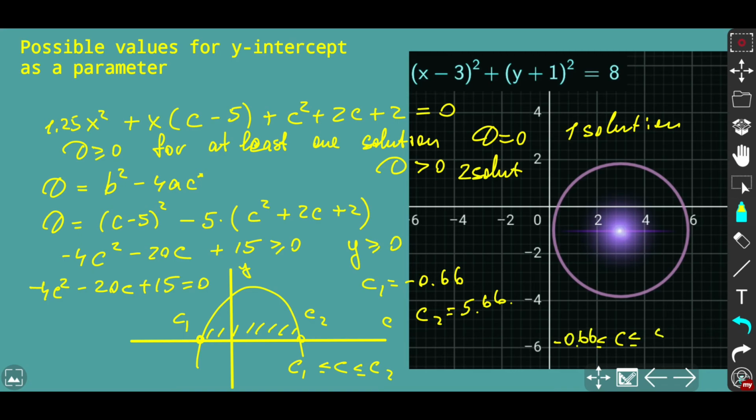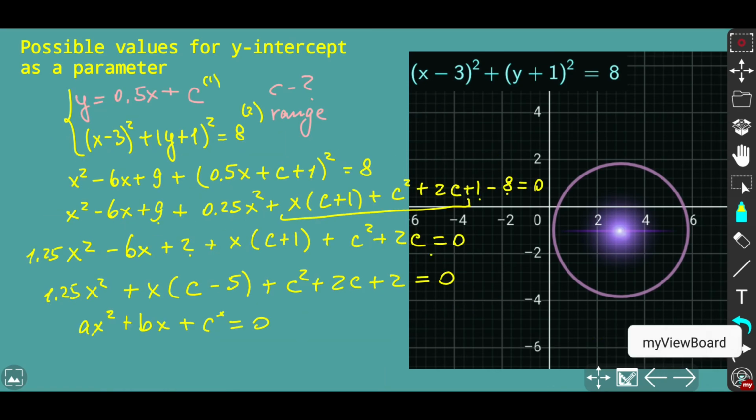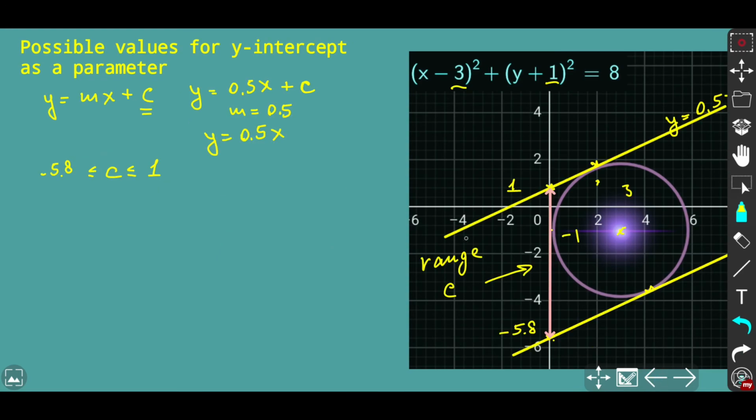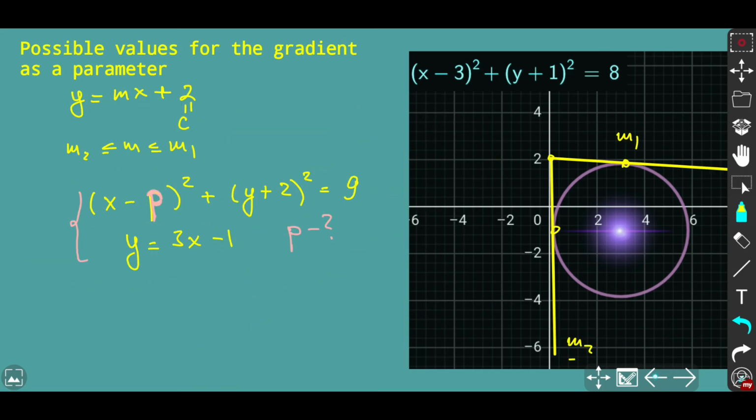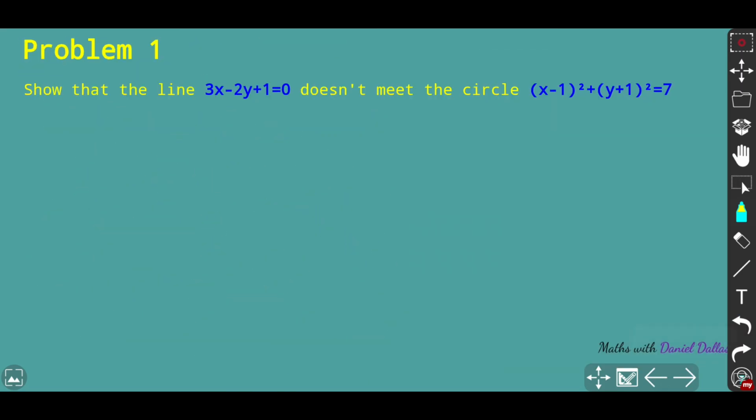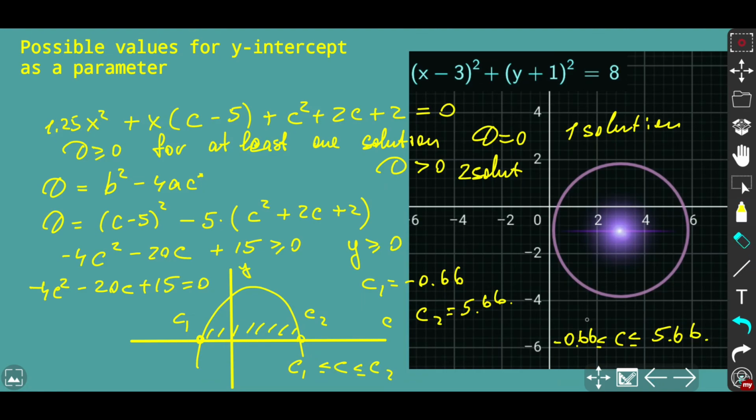But just hold on and let's come back. Remember, we estimated the c value from negative 5.8 to 1. We were pretty close. Let's compare with what we have. It's going to be negative 0.66. That's what we found. Actually, I think we need to swap the signs, because it was a little bit incorrect. So I'm just going to correct the signs, because that's going to be positive and that's going to be negative.